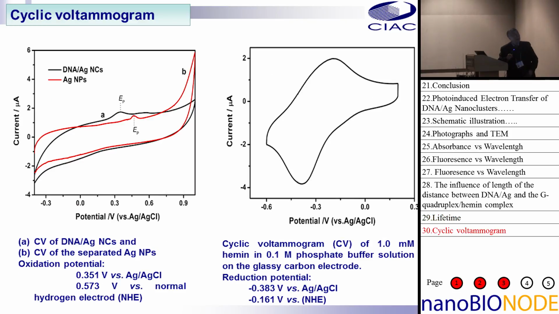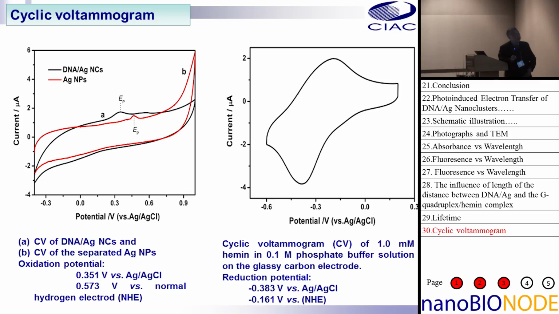And here we have compared the CV of the DNA silver nanocluster and the CV of the separated silver nanoparticle. You can see the difference. And this is the cyclic voltammogram of the Hemin in phosphate buffer. You can see the reversible peak position is different from the silver nanocluster.